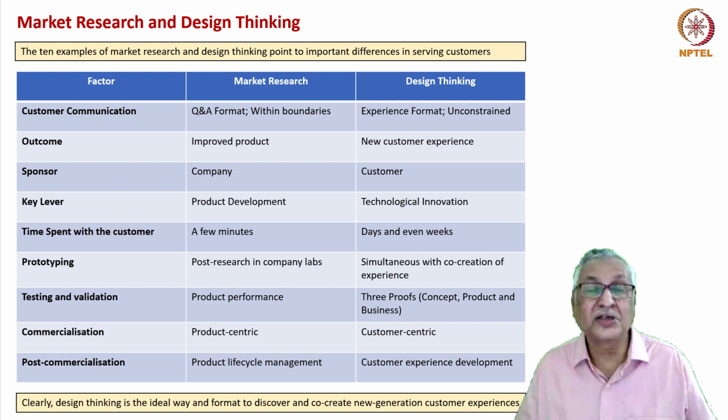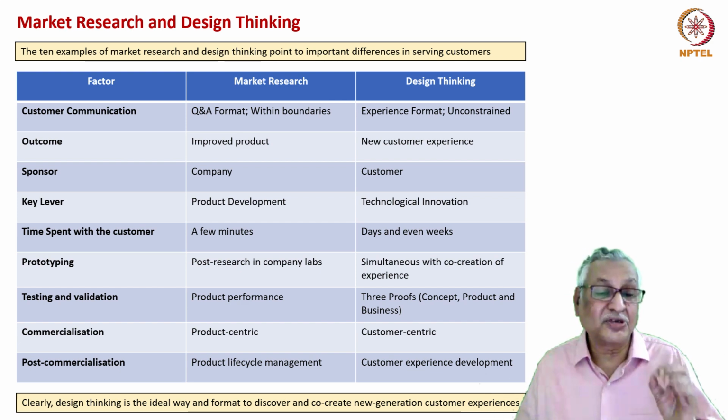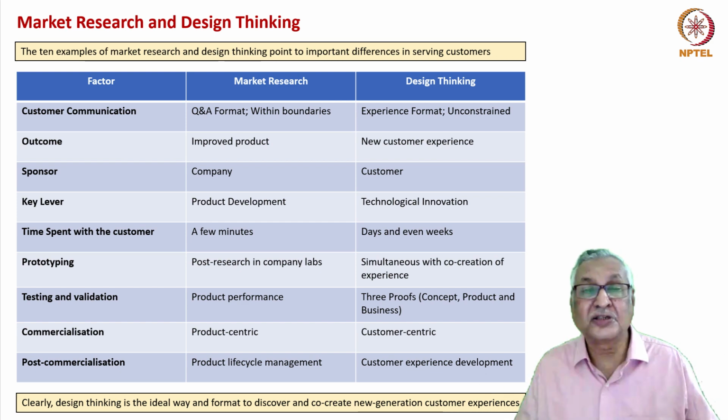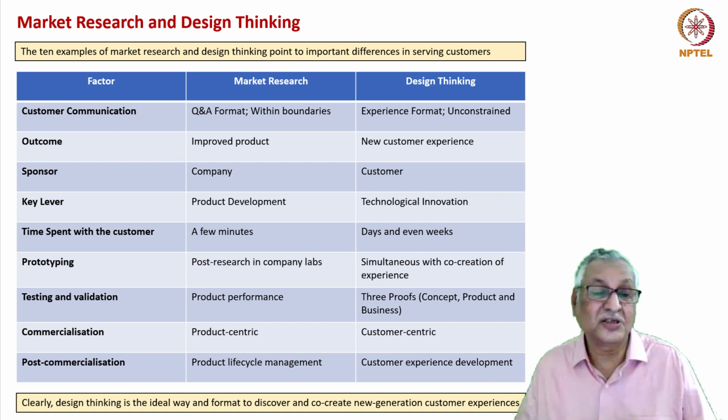Testing and validation is done elaborately through product performance, whereas in respect of design thinking, you have to validate in terms of three proofs. The concept must be proved, the product must be proved, and the business must be proved. I call these three proofs: proof of concept, proof of product, and proof of business. And commercialization is product centric in respect of market research, and it is customer centric in respect of design thinking.